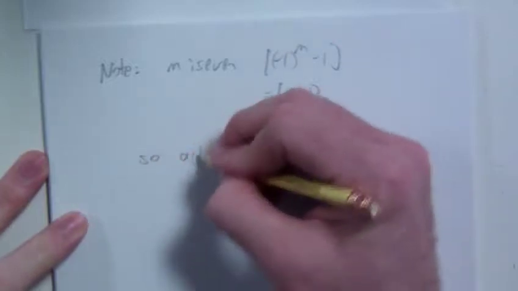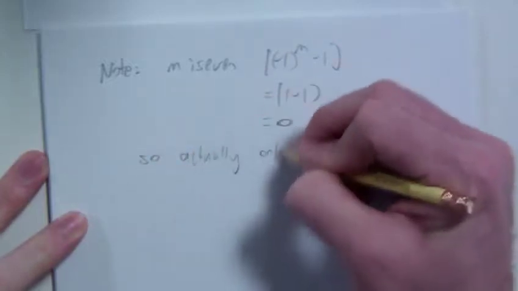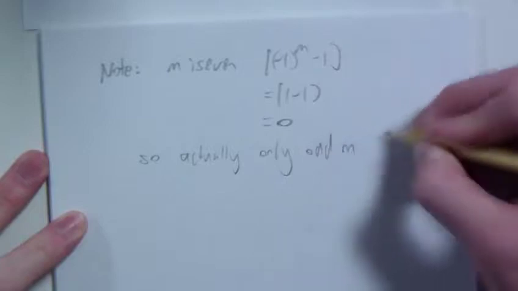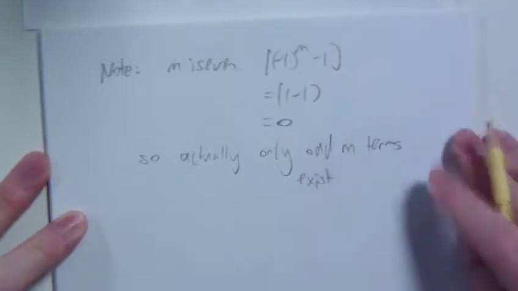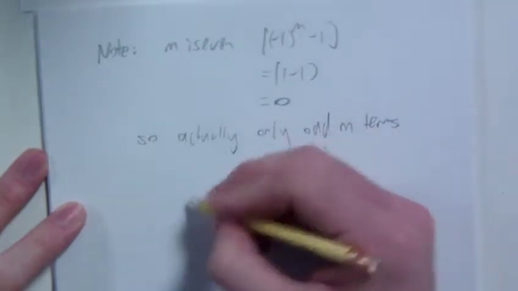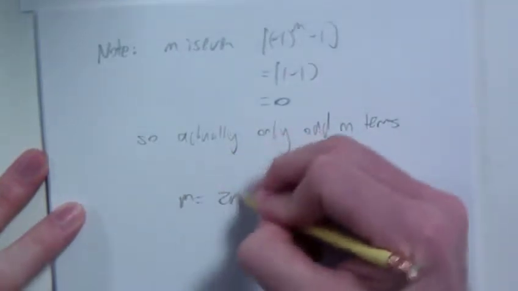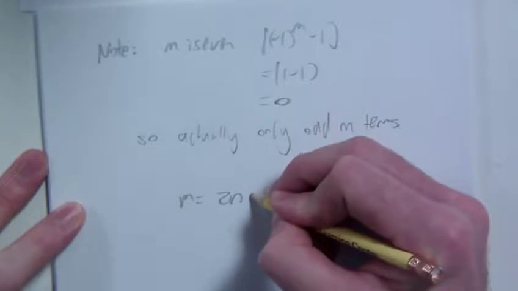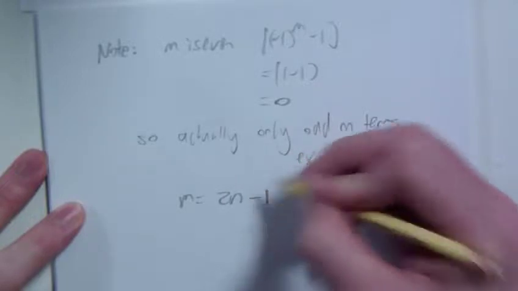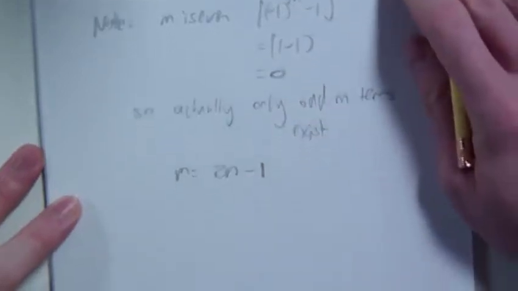So actually, only the odd m terms exist. So I could, if I wanted to, let m be 2n minus 1, because I want to start at 1.